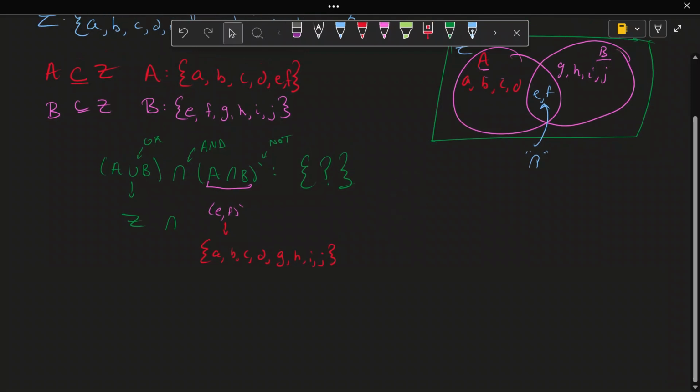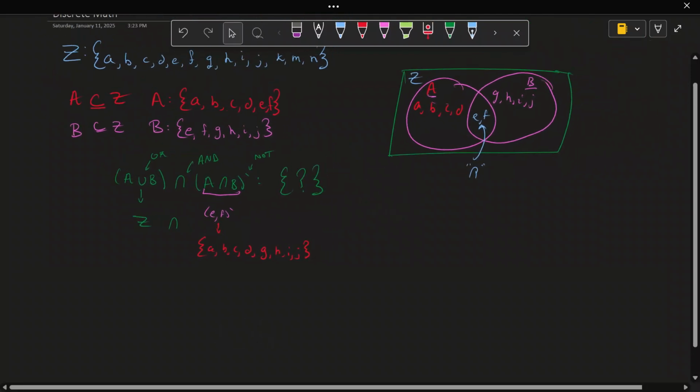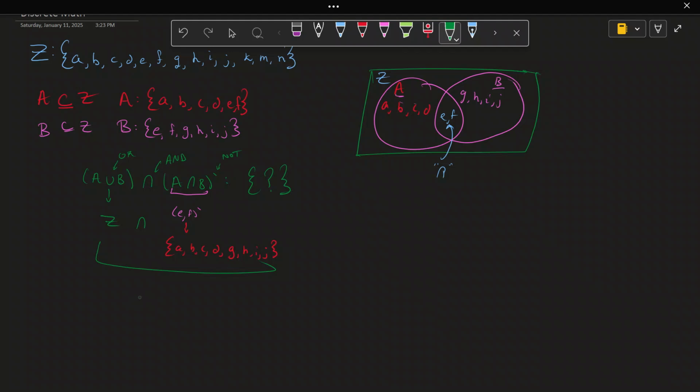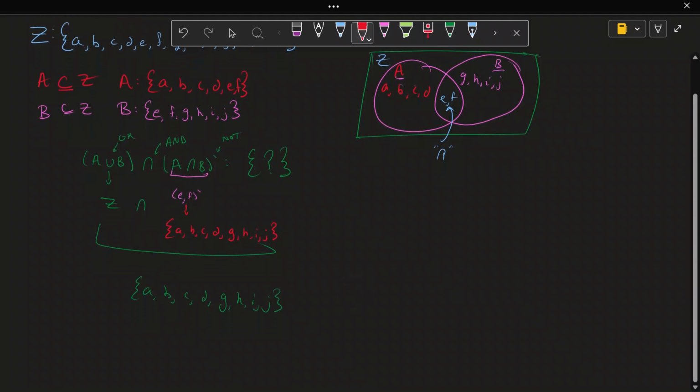So what intersects? Remember, Z is the entire set that includes subsets A and B. So what this is saying is, what does it share? Well, it shares A, B, C, D, G, H, I, J. Something that might help in seeing this is, remember, Z is what?